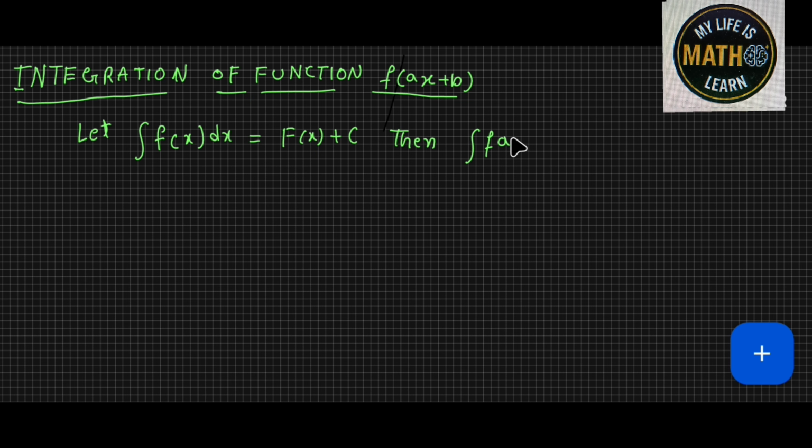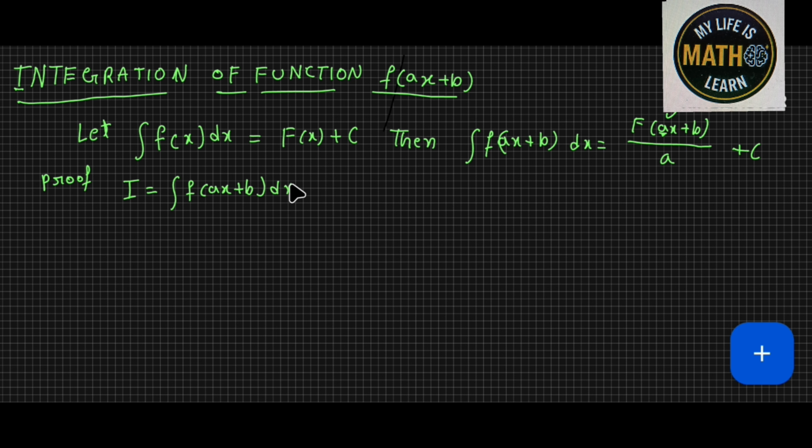Then the integral of f of ax plus b dx is equal to capital F of ax plus b divided by a, plus c. Integration of f of x and f of ax plus b give the same output, but the coefficient of x will be written down as a denominator. Okay, let's do the proof.